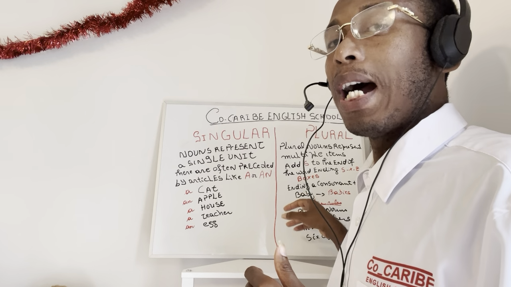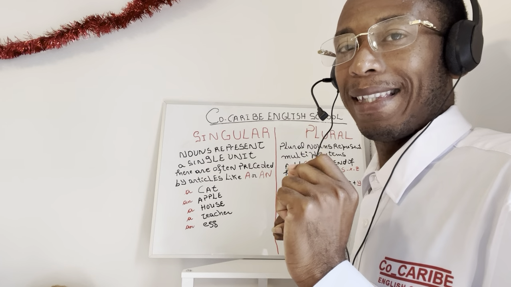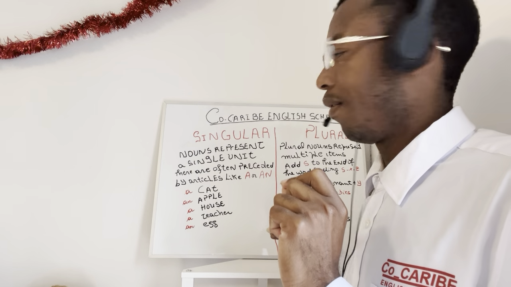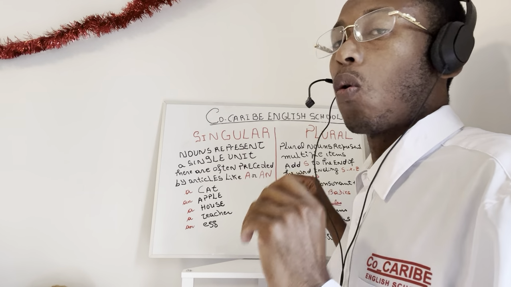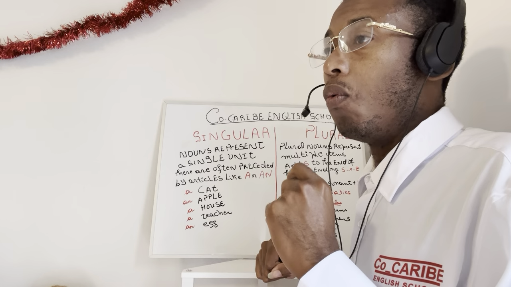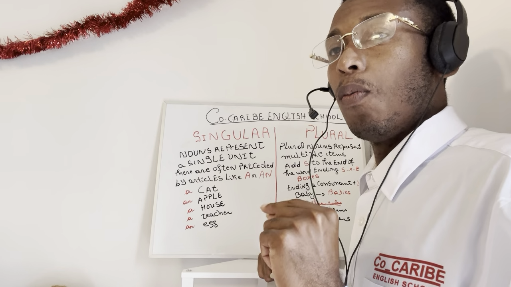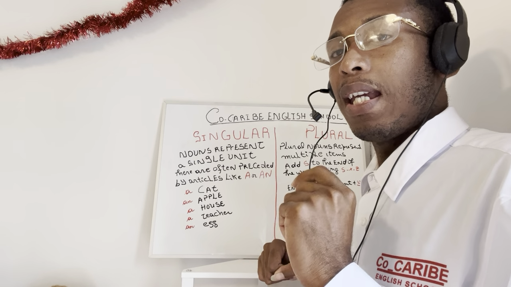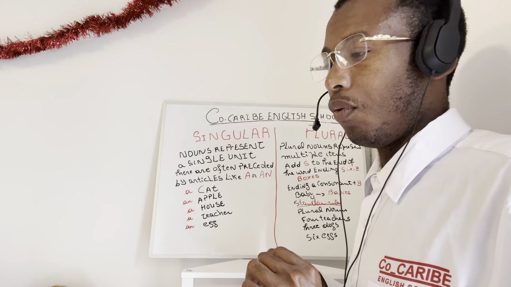You remove y, you put ies. When they have a consonant at the end of the words, you remove it, you put ies. It's very important. You have to know.